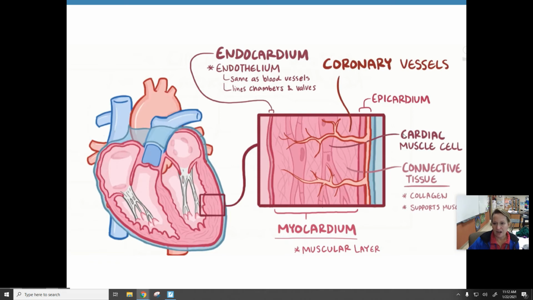We end up having coronary vessels that we looked at that go throughout, but they also venture deep into the cardiac muscle, the myocardium, to feed it oxygen and to remove the carbon dioxide. And then the endocardium is the layer that is exposed to the walls, to the chambers inside the ventricle and inside the atrium. It also is the same construction as the blood vessels and the valves. So all of those are made of endocardium. Endo means in.